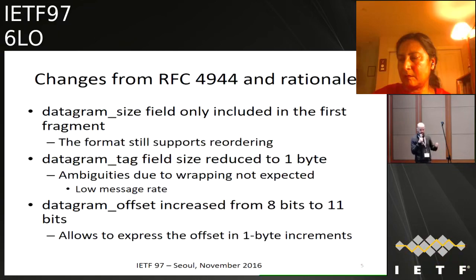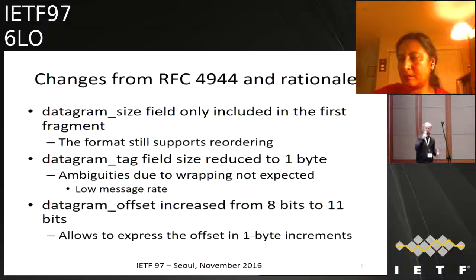Originally, 6LoWPAN defined this fragmentation header where datagram size was included in all fragments in order to help the receiver in the task of reassembly, since fragments could travel through different paths in a 15.4 network. So reordering was relatively likely. However, the format we are proposing here still supports reordering, even if with a little bit more complexity for the receiver in this case.